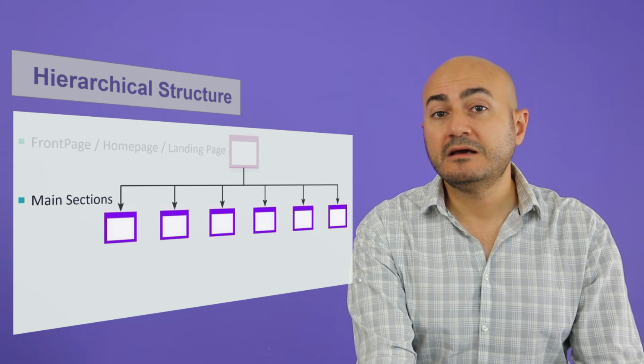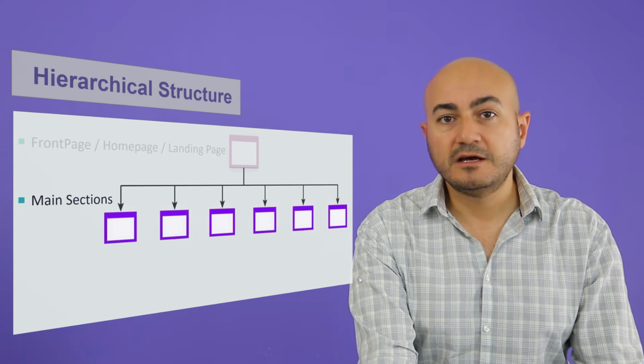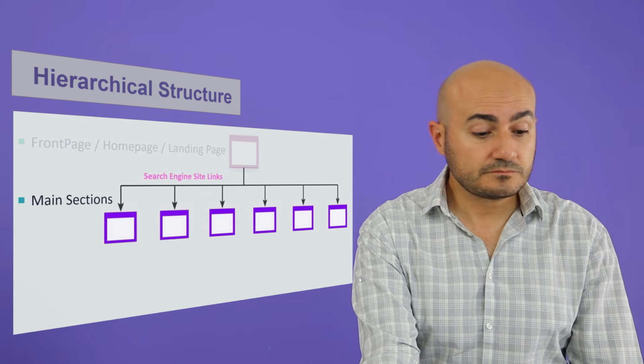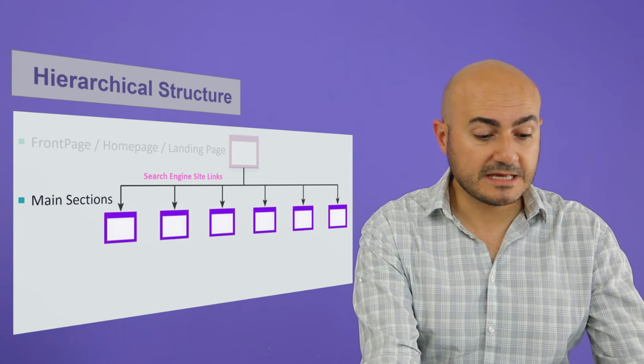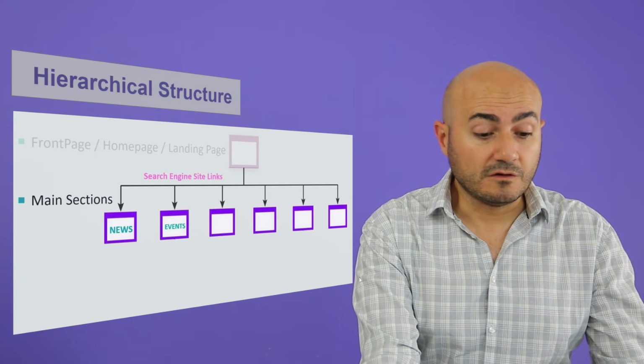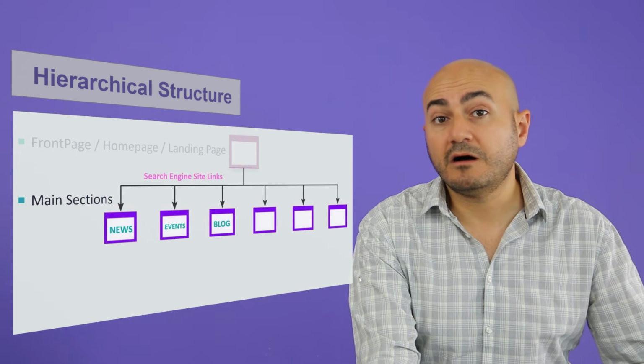These are mainly the major sections of a website, and these could be a section about, let's say, news. It could also be a section about events, or maybe a blog.